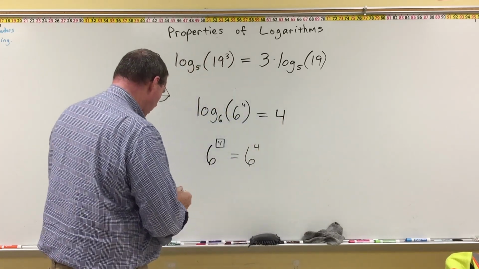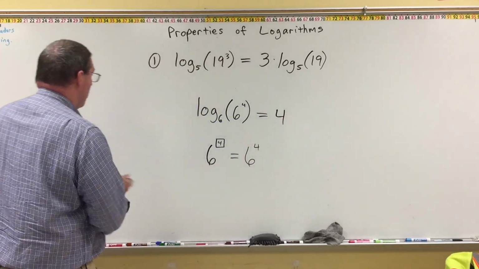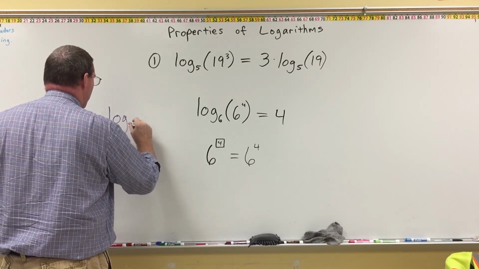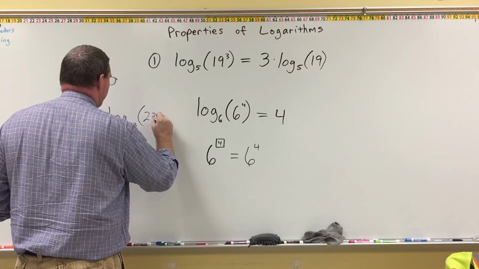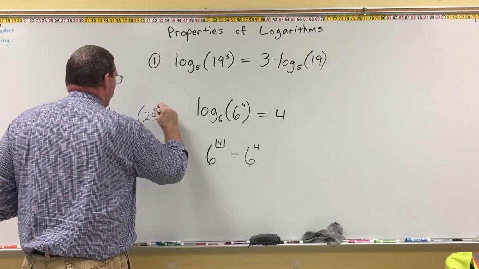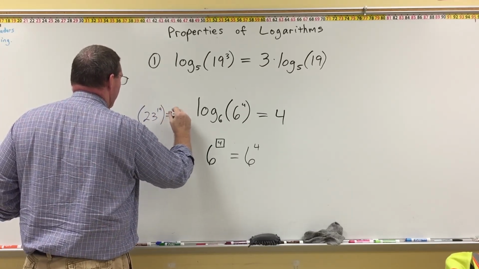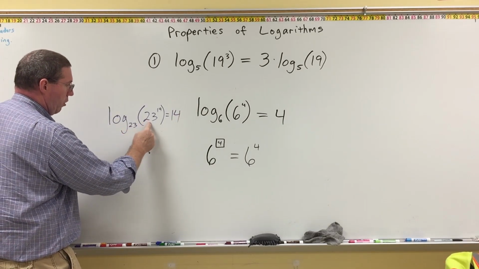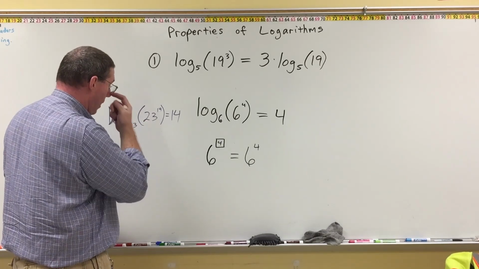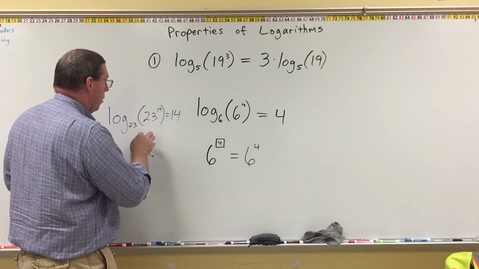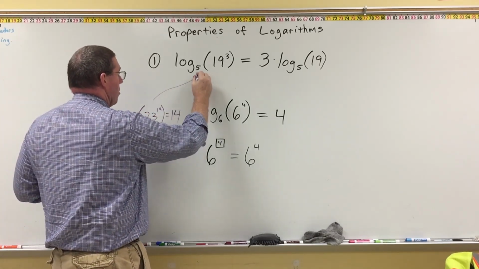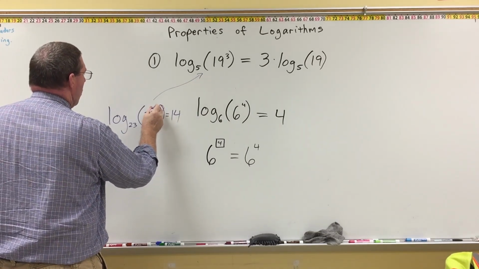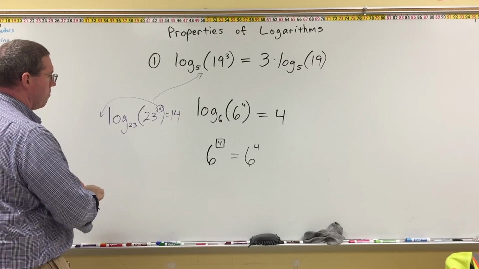We can very easily do this with other examples. Just to drive the point home, what's log base 23 of 23 to the 14th power? The answer is 14, because log base 23 of 23 is 1. If we relate this to this property of logarithms, we can move the 14 to the front as multiplication.